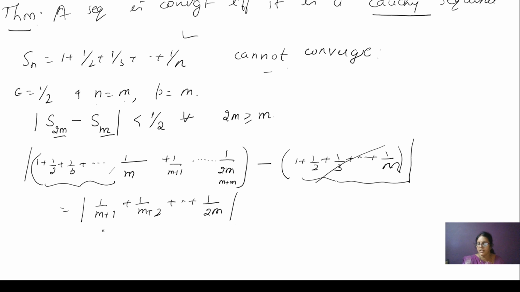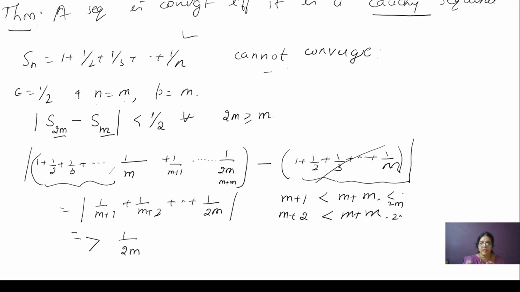But we can see that each number is greater than 1 by 2m, because m plus 1 is less than m plus m. Similarly, m plus 2 is also less than m plus m, or m plus 1 is less than 2m.